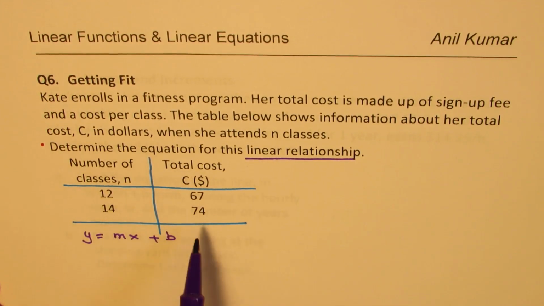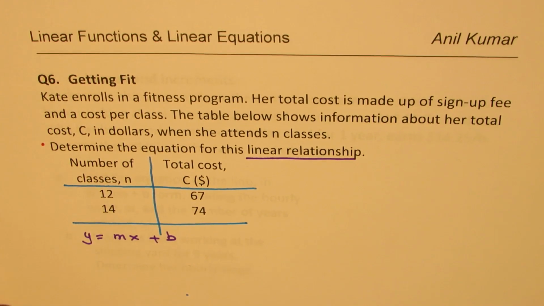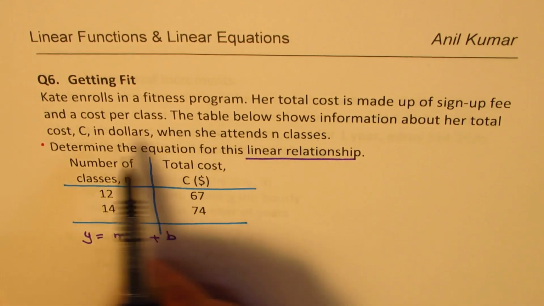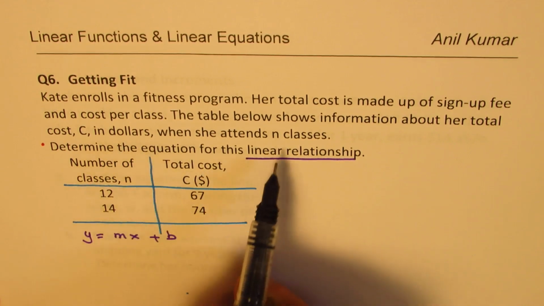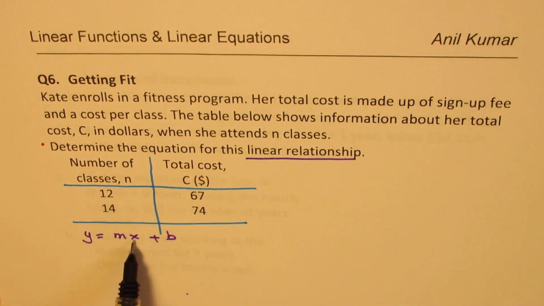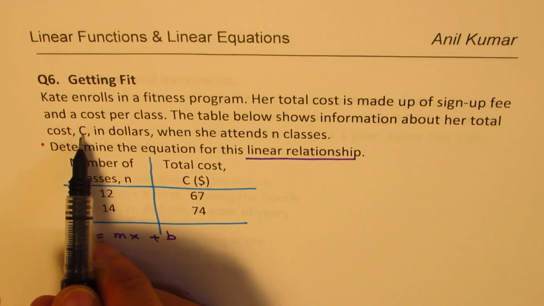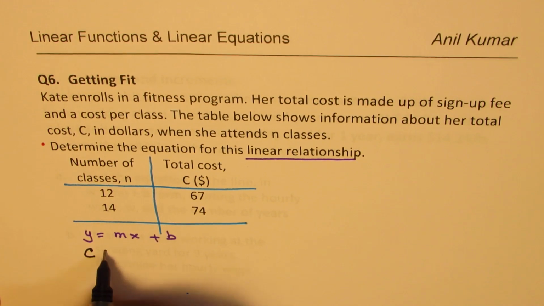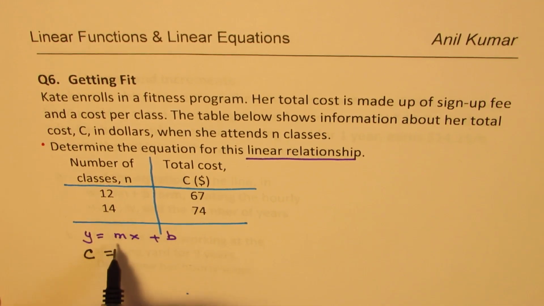Now, in our question, we are already given the variables. So we should actually write in terms of the variables given to us. Right? That is kind of important. So C is the cost when she attends N classes, right? So C cost is dependent on N. N is your independent variable. So instead of x, I'll write N, and C is dependent on number of classes attended. So it makes sense to write C equals. Now m is the slope.